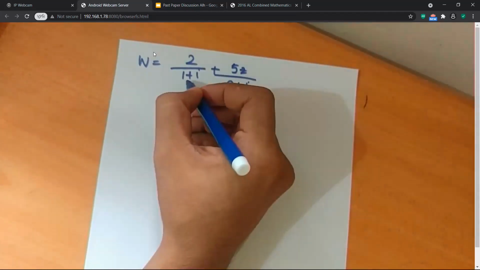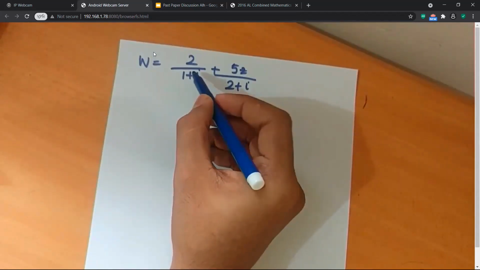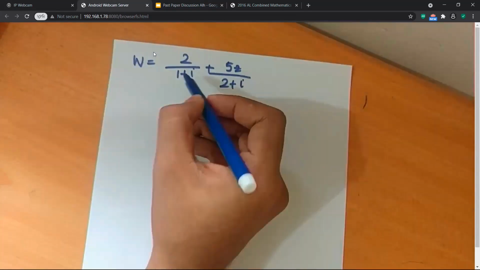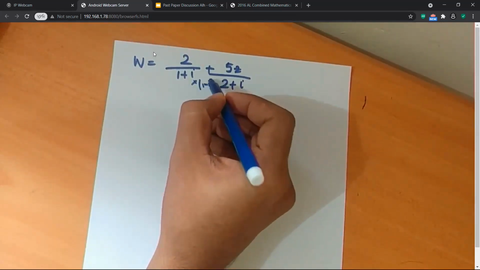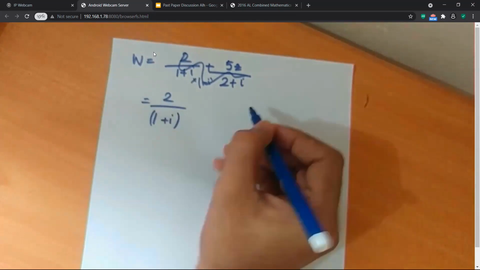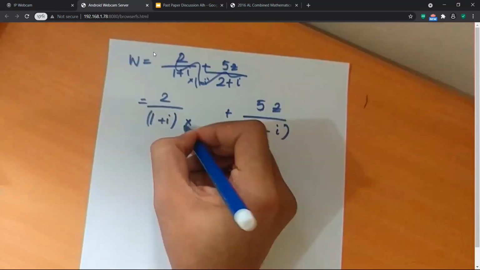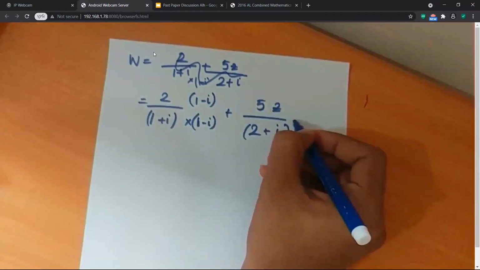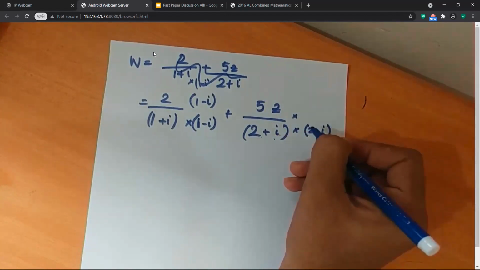The conjugate of 1 plus i is 1 minus i, so you multiply both the numerator and the denominator by 1 minus i. For the second term, 5Z over 2 plus i, the conjugate of 2 plus i is 2 minus i, so we multiply both by 2 minus i.